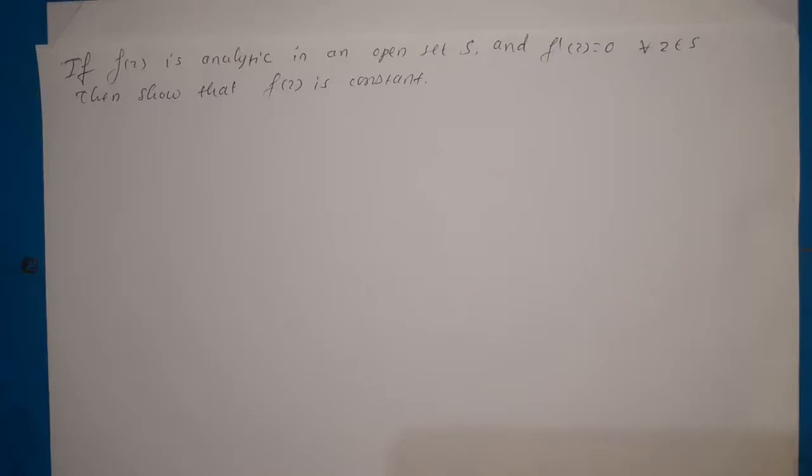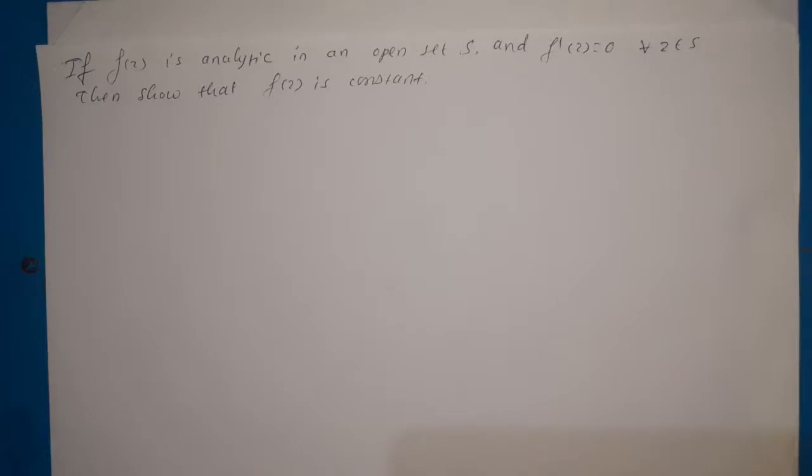So here it is given that f of z is analytic, meaning the function of the complex variable f of z satisfies the CR equations in the set S, and also f dash of z equal to 0, meaning the first order derivative of the function is 0. Then we need to show that f of z is constant.